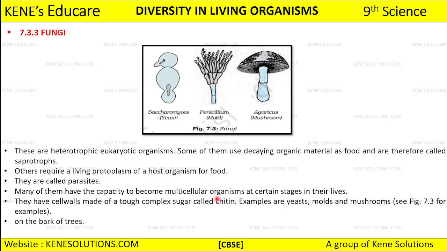Okay, so here, what are they going to have? They are going to have a cell wall, and the cell wall of these organisms is made up of a complex sugar, and that complex sugar we call chitin. What do we call it? Chitin. So I hope that you have taken a note of it.